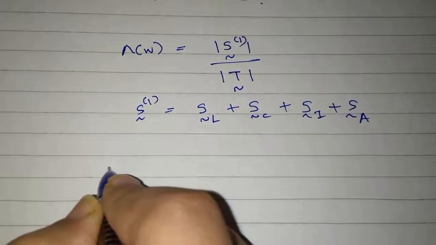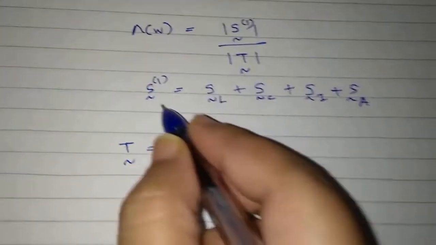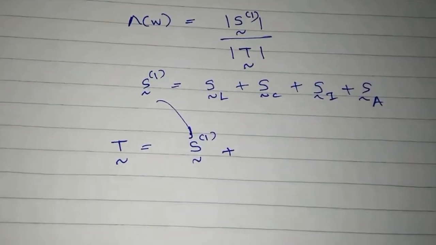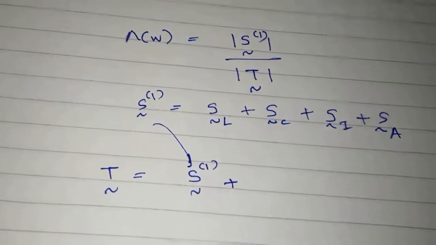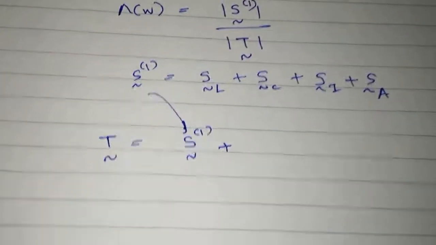Similarly, T actually consists of 2 terms. The first term is S1, that is this term, plus you need a term of the type deviation of each group mean from the overall mean.